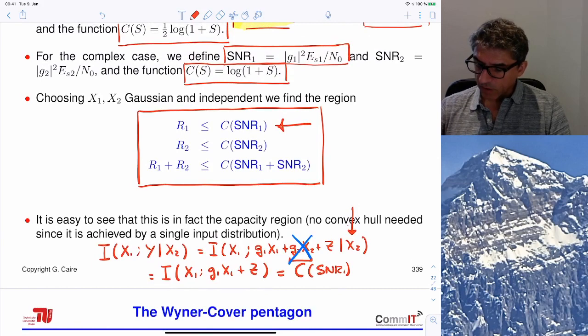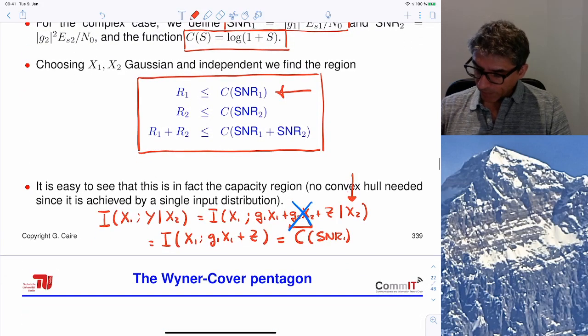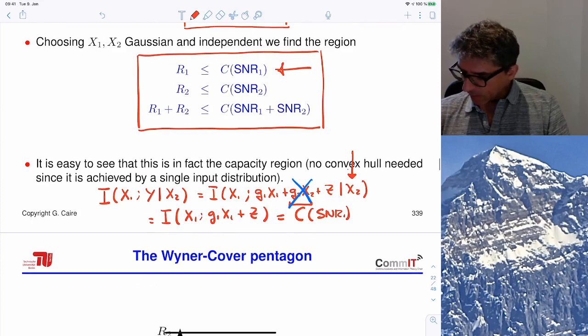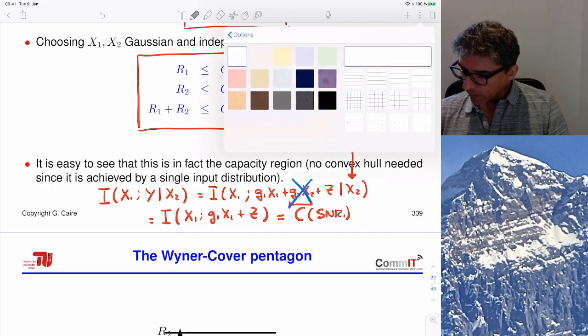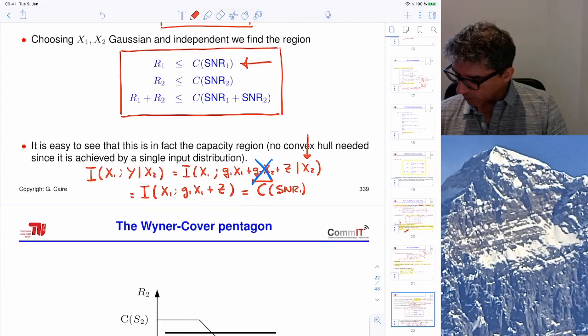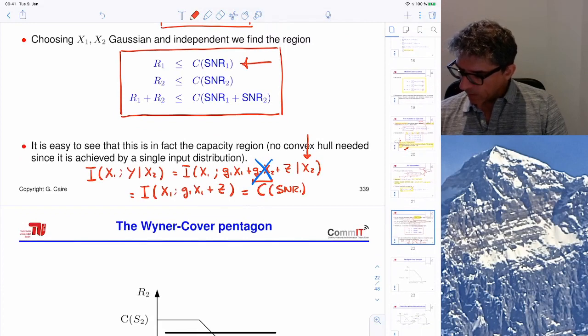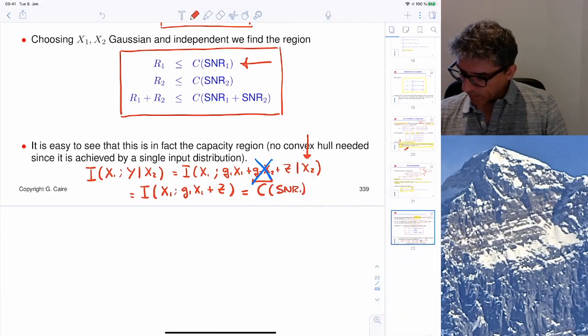Then you can do the same for the second, and for the sum, let me do it. I made a mistake. I have to add a page. Okay.